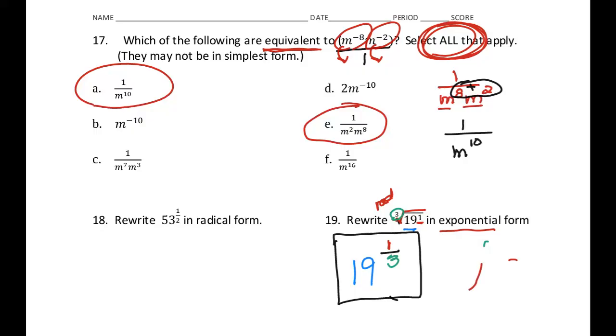Well, this would be like over 1, right? And I would circle this and say it needs to move to the bottom, which would be 1 over m to the 10th. And that's what this was. So yeah, that's going to be the same. Anything else?